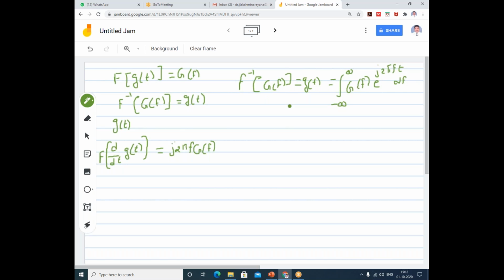Since you have a function in the frequency domain, you need to do the integration also in the frequency domain.